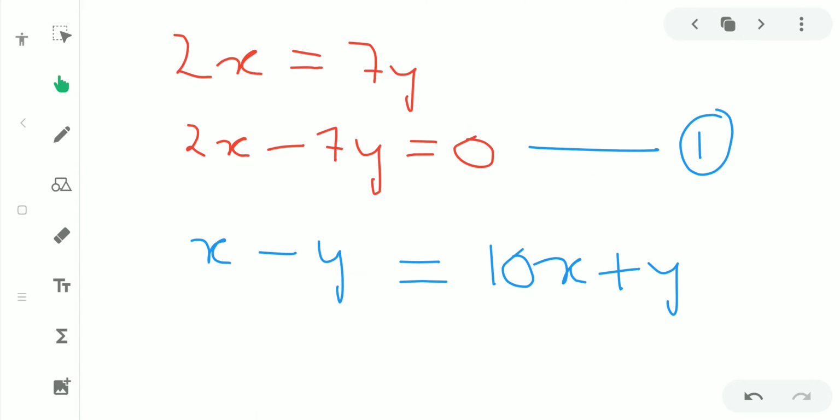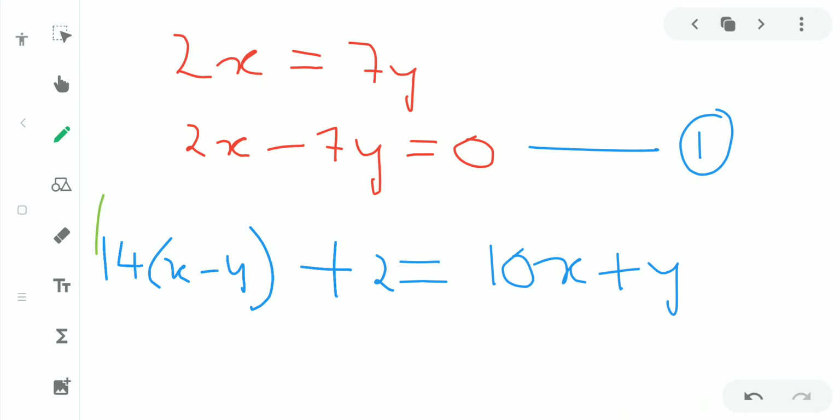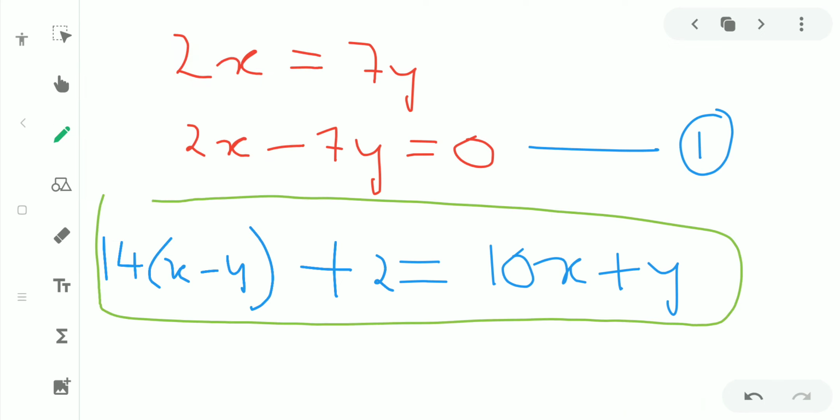So our difference is nothing but x minus y and it is multiplied with 14. So 14 into x minus y and adding 2. So this is our second equation. So we should modify it.